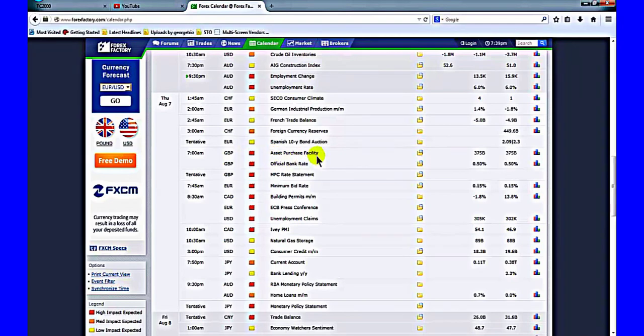The asset purchase facility, that's United Kingdom, Great Britain, official bank rate. As you can see here, these news are due following each other, okay, at 7 a.m., at 7:45, and for the Great Britain, you can see here at 7 a.m., 3 high impact economy news, all right.